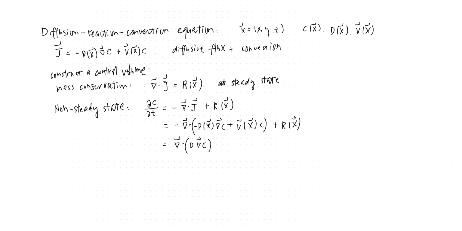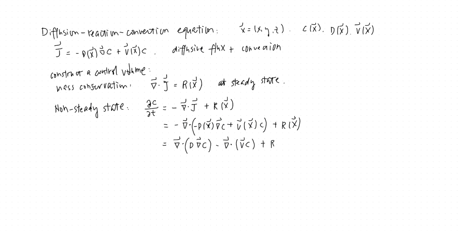Okay, then we have minus the divergence of velocity times C. The reaction is always a scalar.